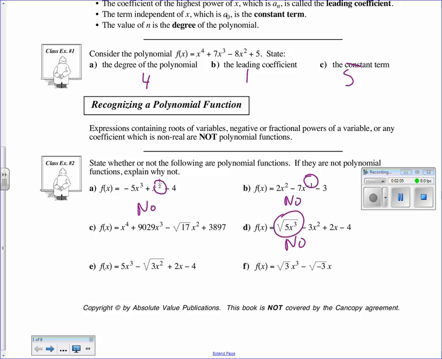This is bad because you can't take the square root of -3, so that's not a polynomial function. What remains actually are polynomial functions. It turns out that this square root on the 3x squared will generate a nice exponent, x to the 1, and that will be a polynomial.